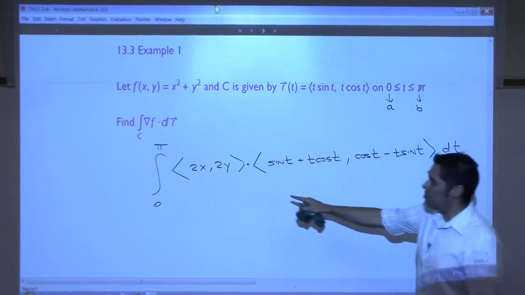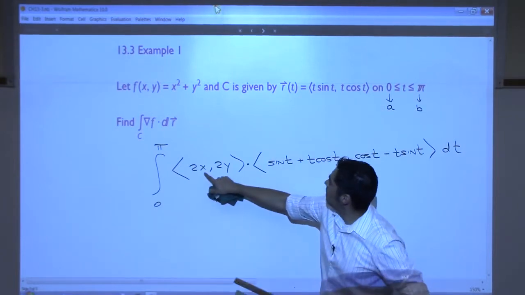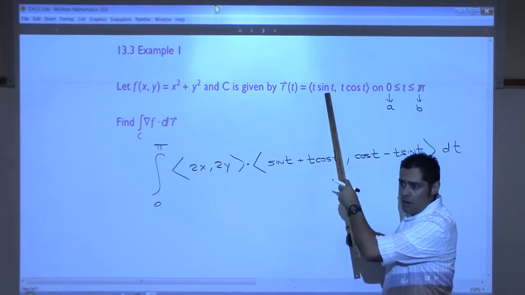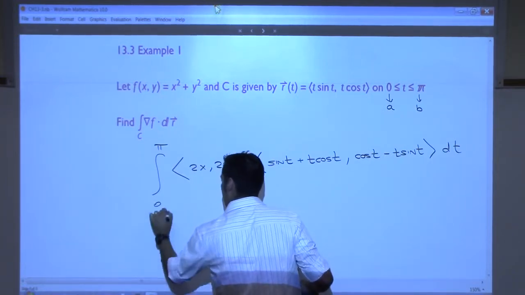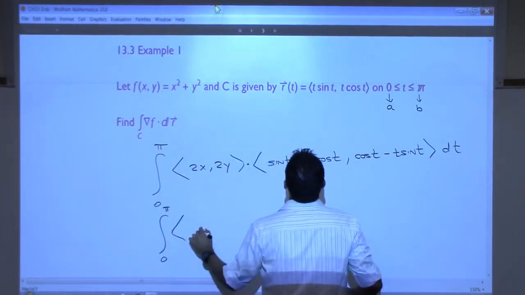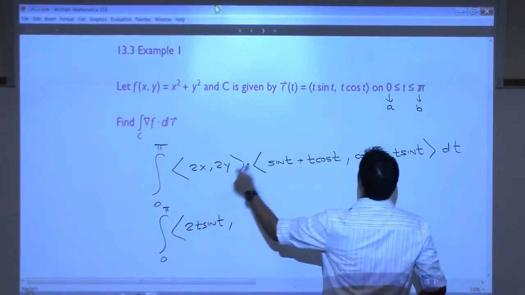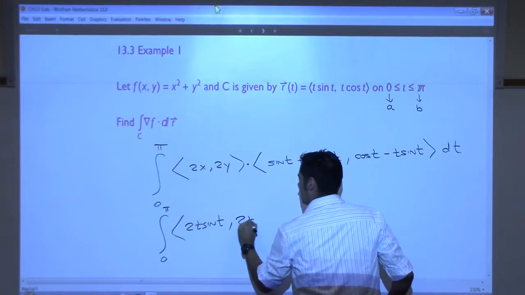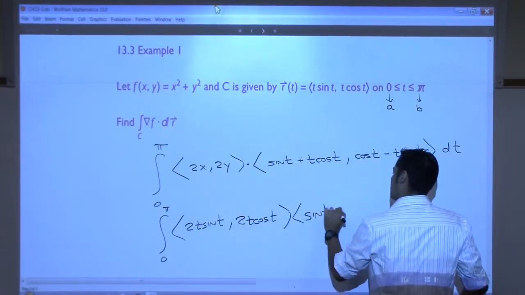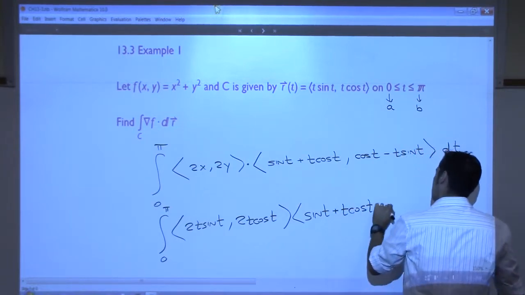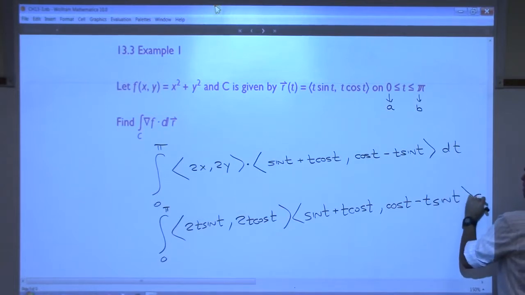And then you would have to replace your x's with the x component of the curve. So this would become the integral from 0 to pi of the vector 2 times t sine t, comma 2 times t cosine t, dotted with the vector sine t plus t cosine t, comma cosine t minus t sine t, dt.